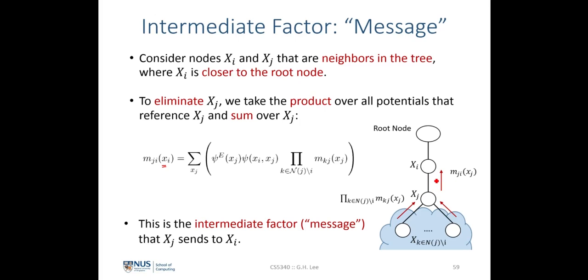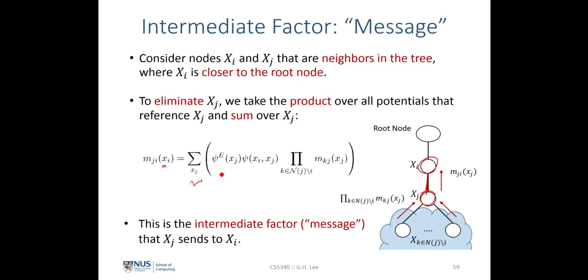So this is the intermediate message that we want to pass between these two factors in the intermediate level of the tree. Within the message, we would definitely want to marginalize away xj. This is our objective, and we would have to consider all the potentials that contain xj.